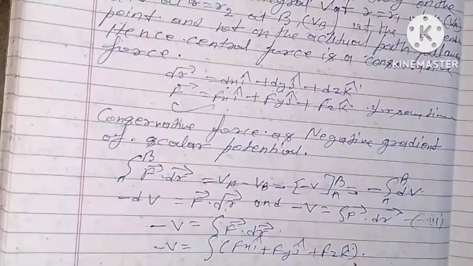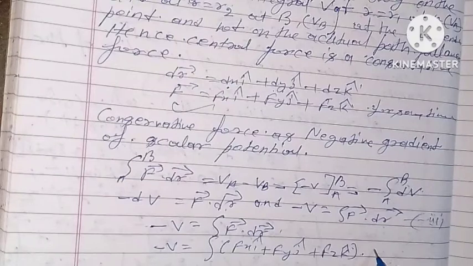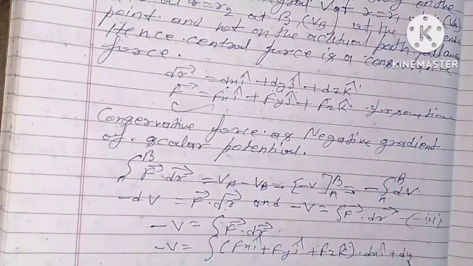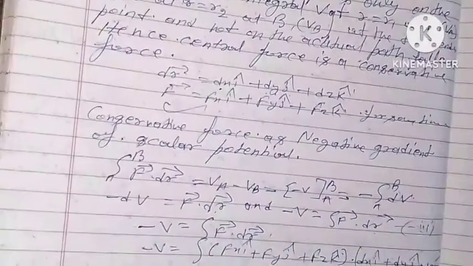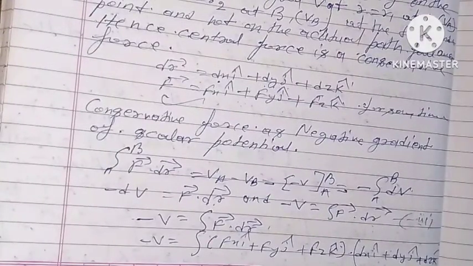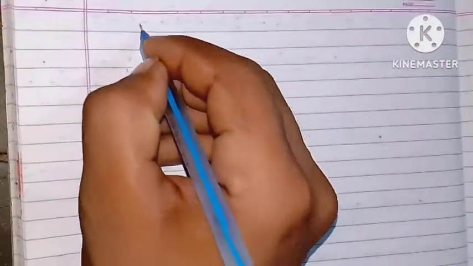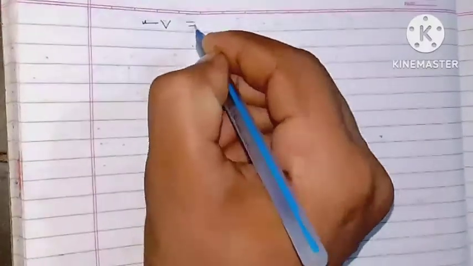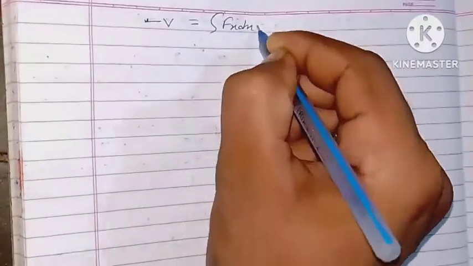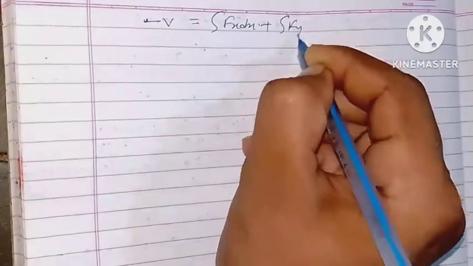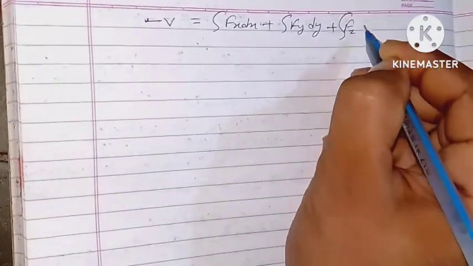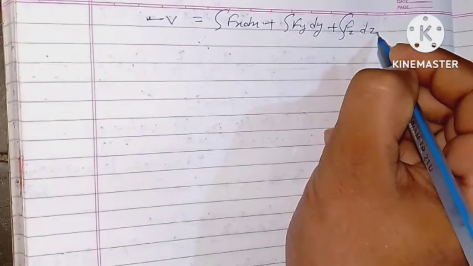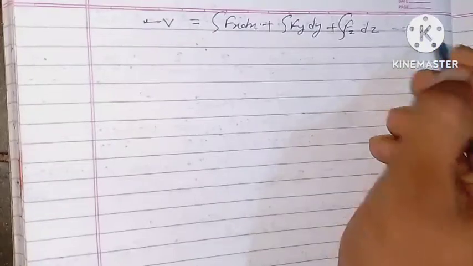Solving this, the function is minus V equal to the integration of Fx dx plus Fy dy plus Fz dz. This is equation number 4.